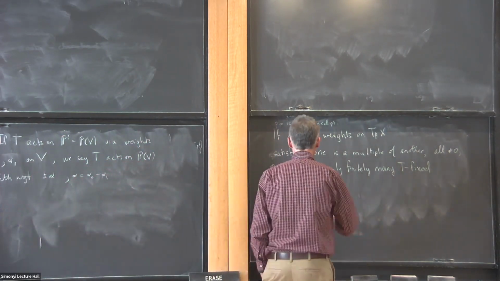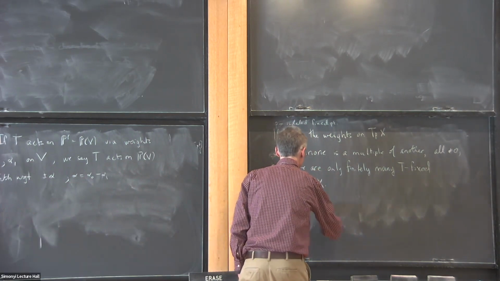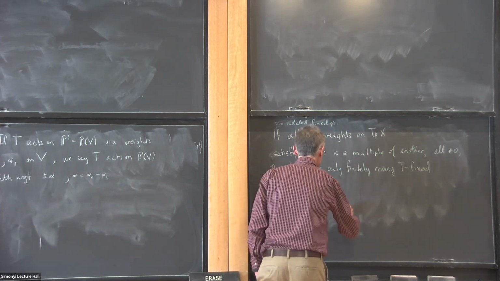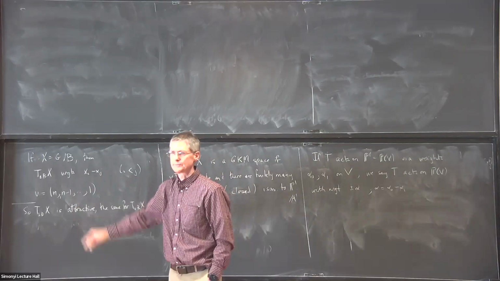Okay, so this is true for the flag variety. This is true for X equals G mod B, because the weights here are all the x_i minus x_j's, and none is a multiple of any other.